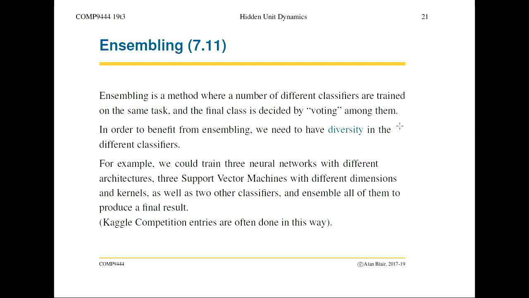And then if it's a classification task, you've got 5 different models, you might get them all to vote on the class, and if 3 of them prefer one class and 2 prefer the other class, you go with the majority rule. Or sometimes you add up the confidences or whatever. Voting is the most common way of doing this.